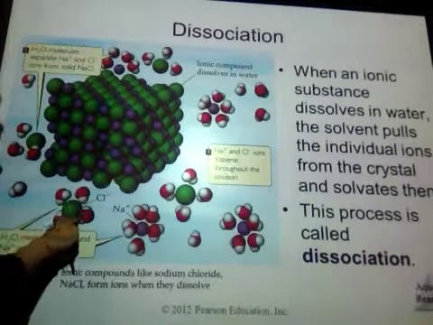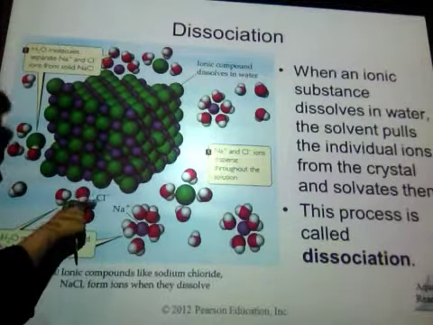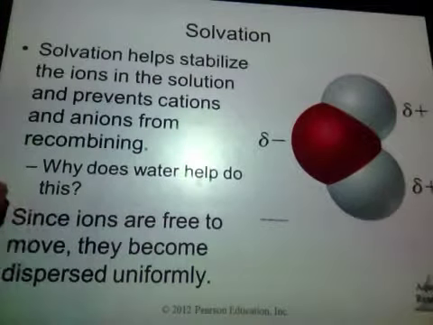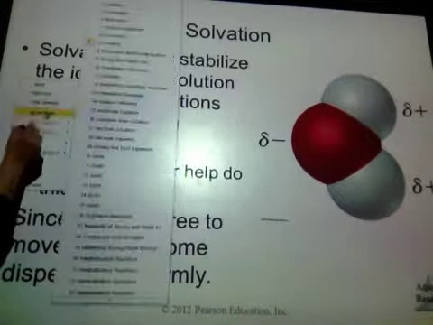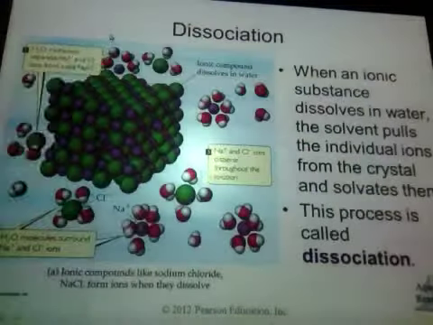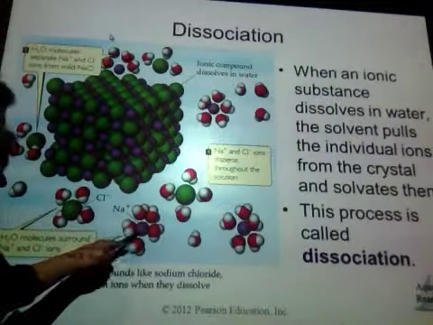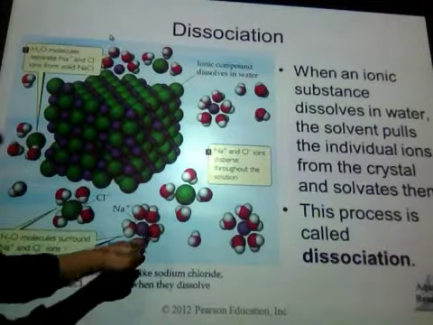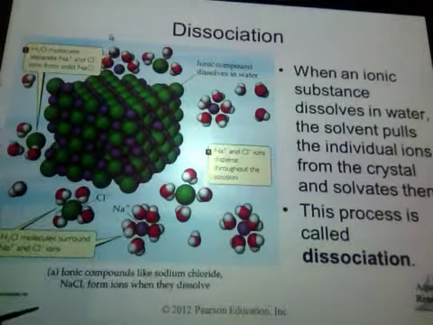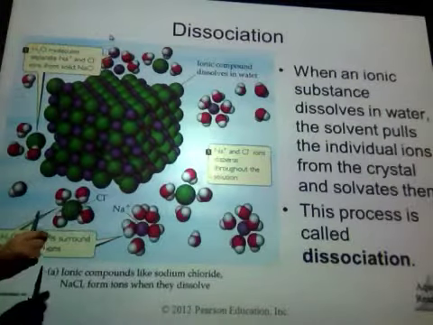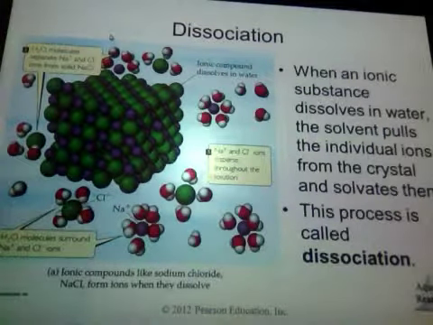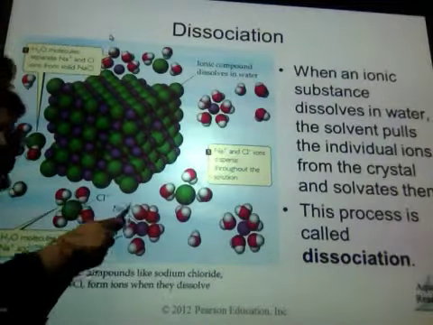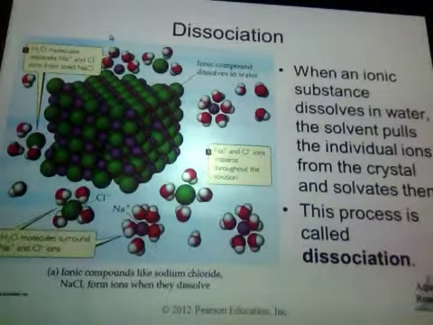So my partial positive charges are surrounding that negative chloride ion. If I look at my sodium, I can see that the oxygens are what's surrounding the sodium ion, and that's because the oxygen has a partial negative charge, so that partial negative charge is attracted to that positive sodium cation.